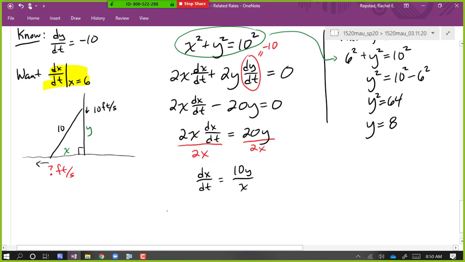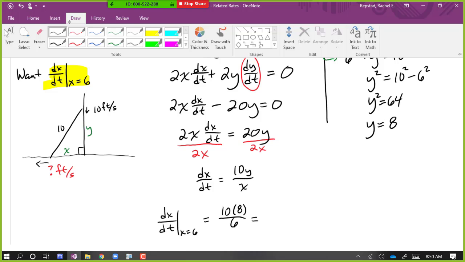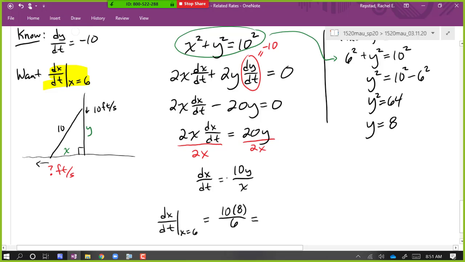And now it's all over but the shouting. Plugging in 8 for y and 6 for x gives us, let's see, I could cancel a 2 out, so 40 thirds. There it is as an exact value.